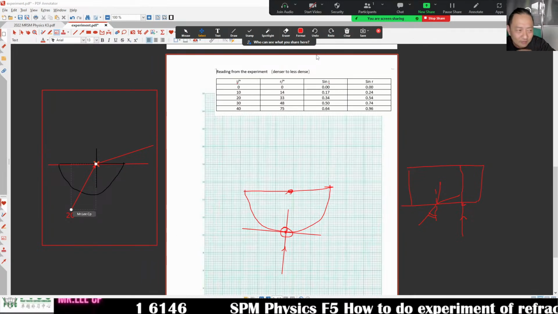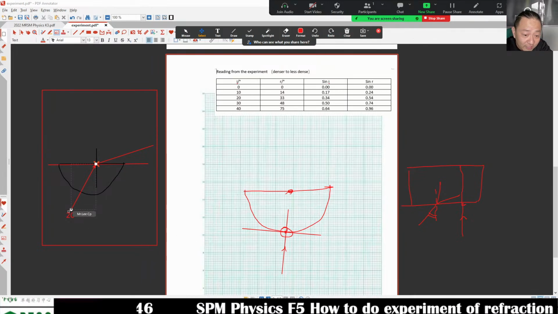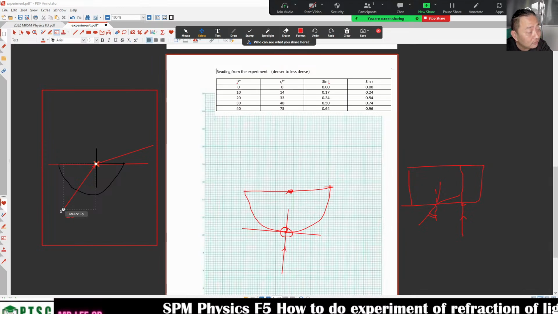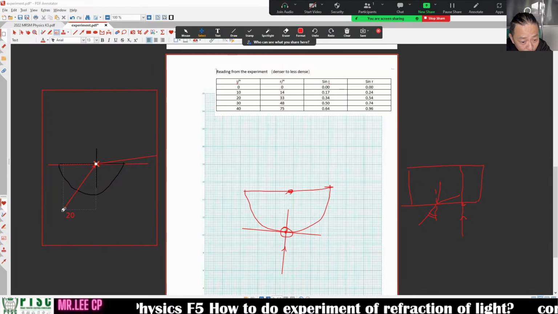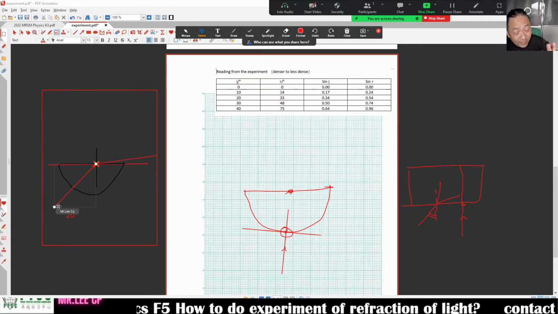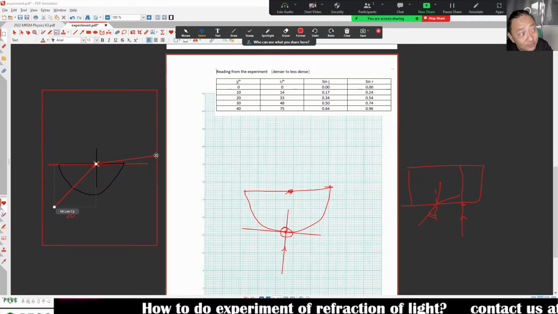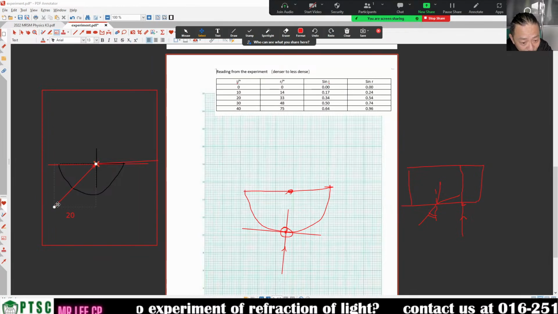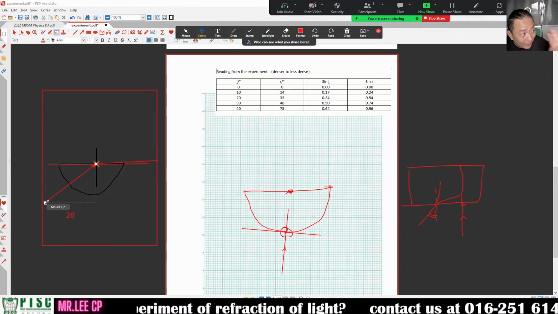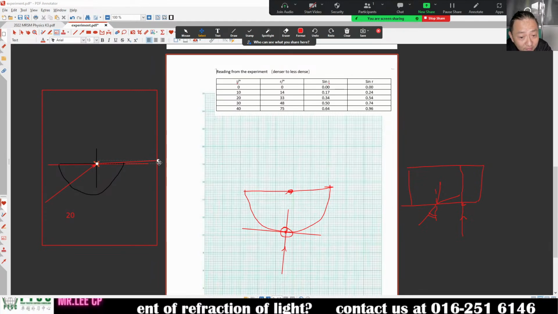When you plot, they are very near. So when 20, then the next one should be 30. Then you use 40 as the third value, then 50 as the fourth value.